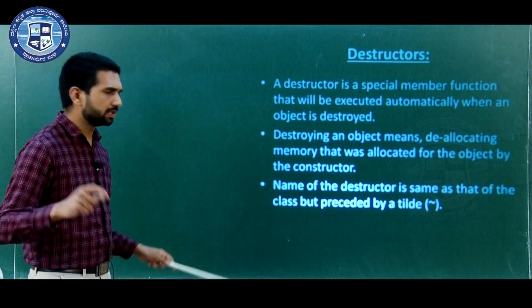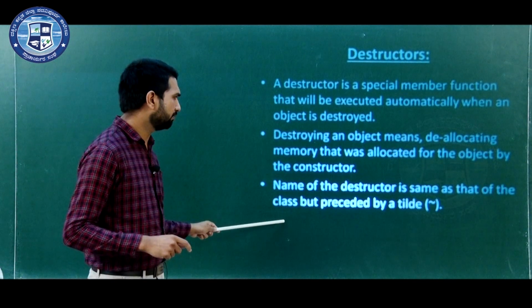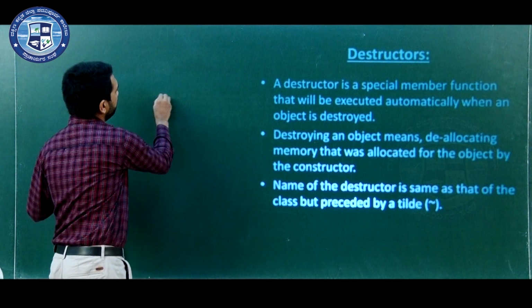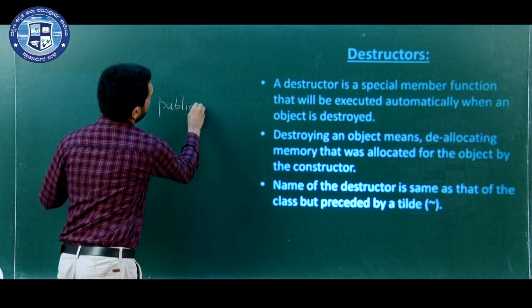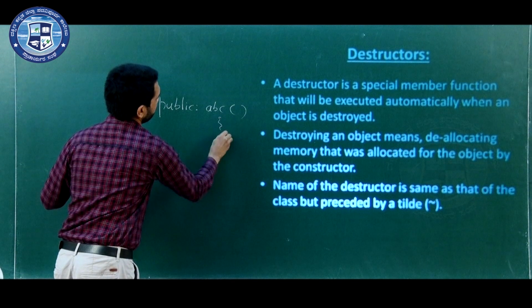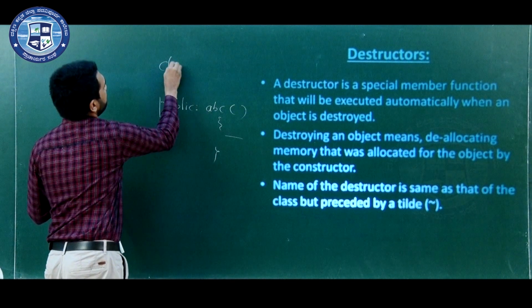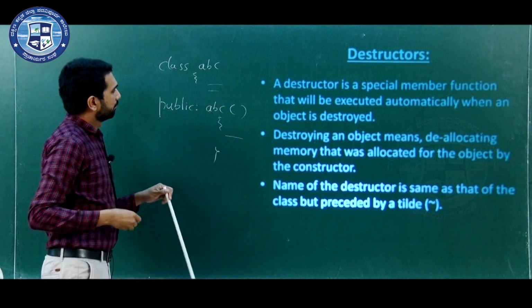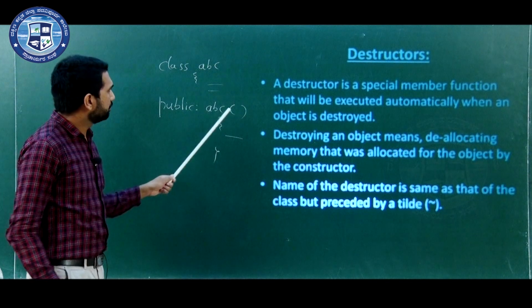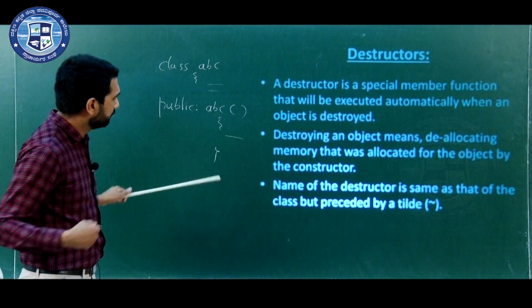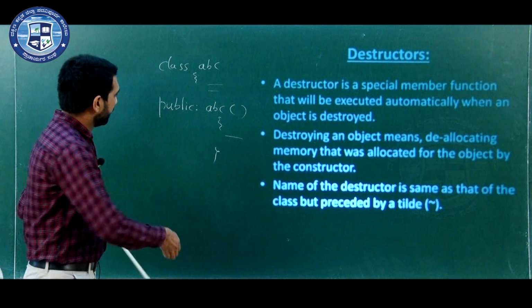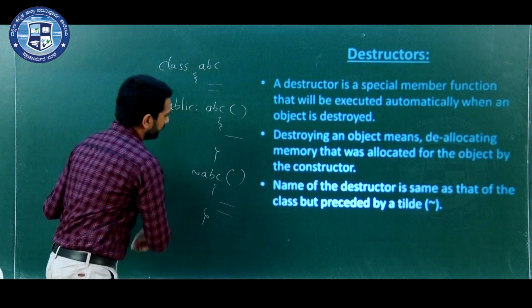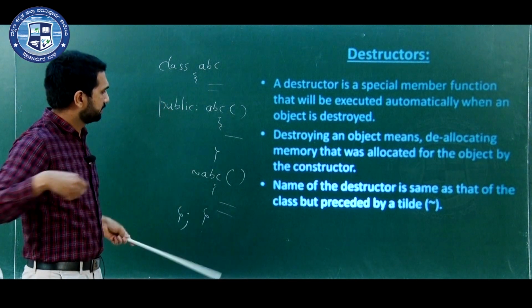So always remember students, name of the destructor is same as that of class preceded by tilde symbol. Remember students, if my class name is given as ABC, in public section ABC open close bracket, here we can have some constructor body, and if you write like this, tilde ABC, some message you can give, this is actually a destructor.